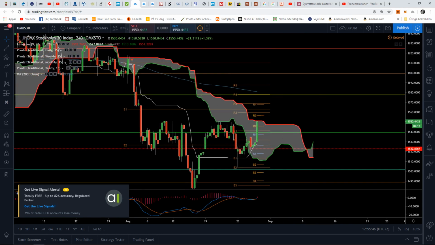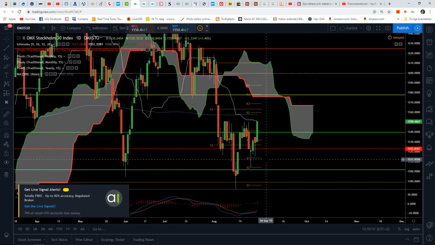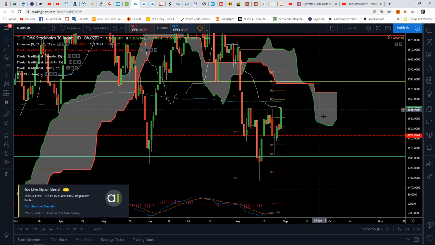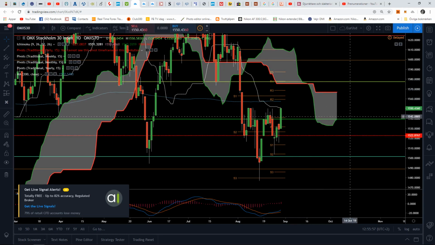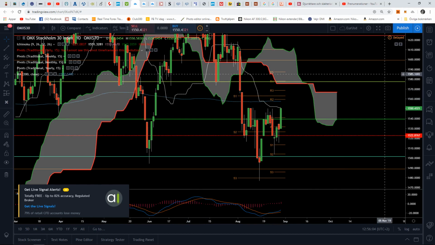Let's go up and have a look at the daily chart. We see the daily chart. We are trading below the Kumo Cloud. The Kumo Cloud is projected negative. And SMA 200 is moving sort of sideways here.